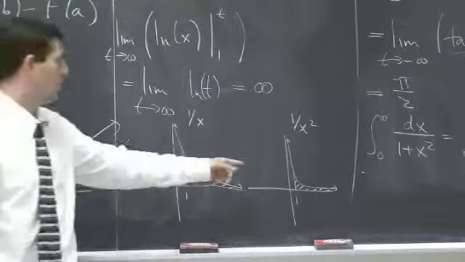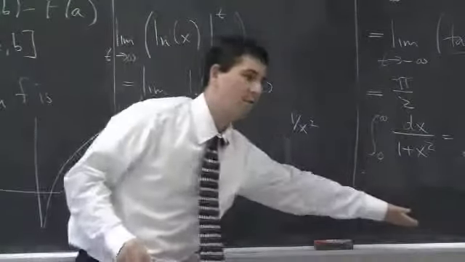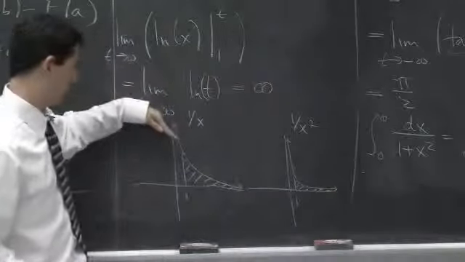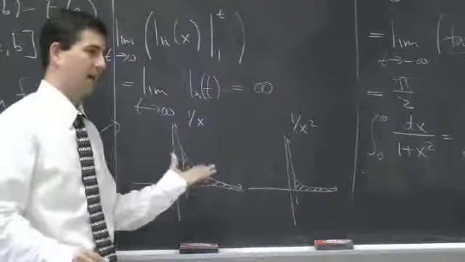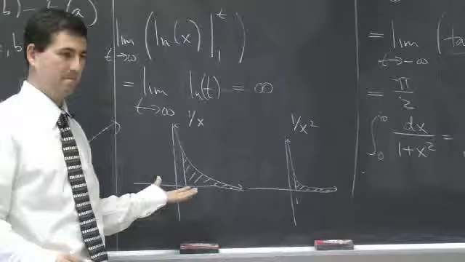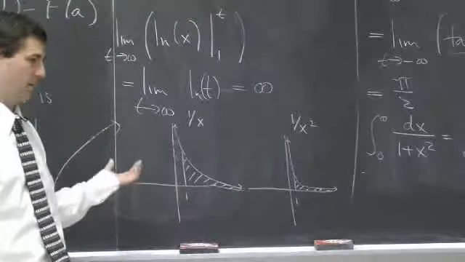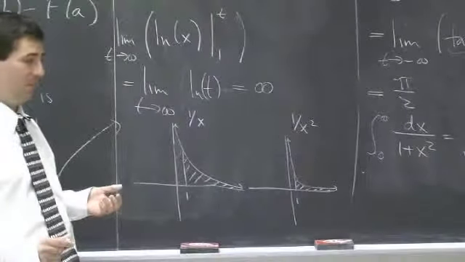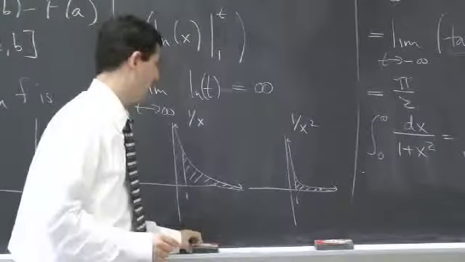But somehow 1 over x squared sinks down fast enough, and 1 over x doesn't. This just collects too much area along the way. It's kind of strange.